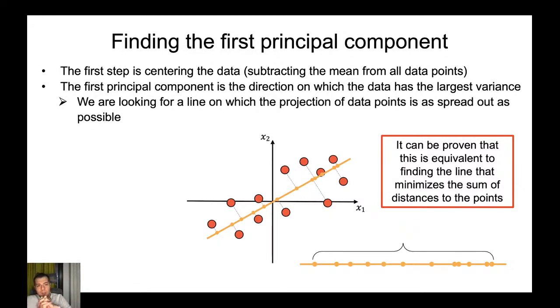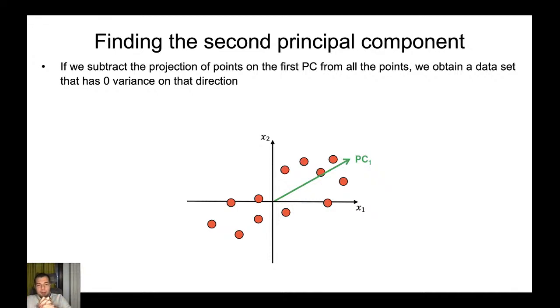If we minimize this objective, we will obtain the line on which, when we project the data, we have the largest variance. Then this line will give us the first principal component.